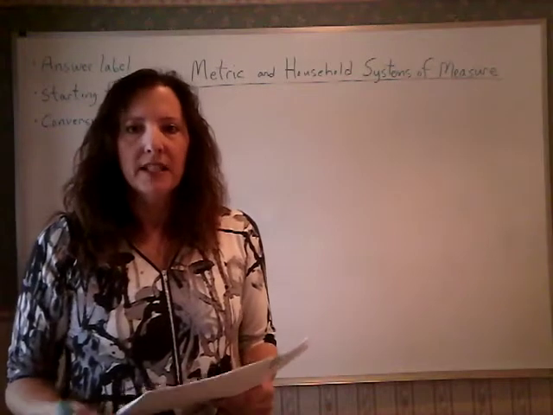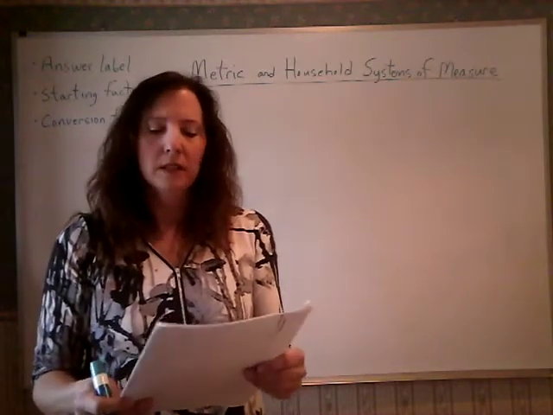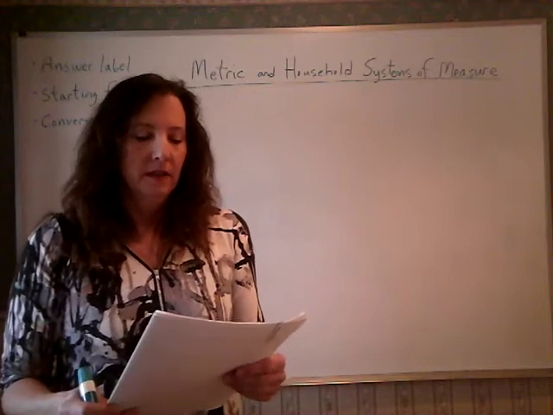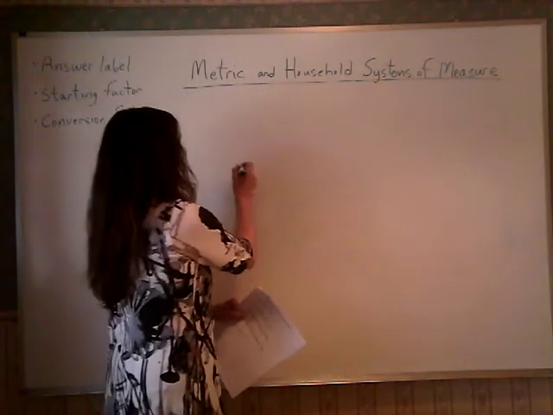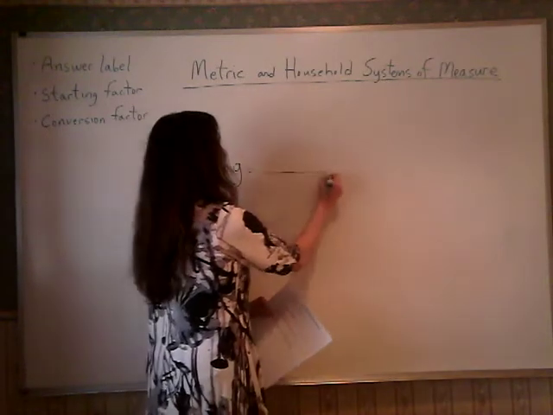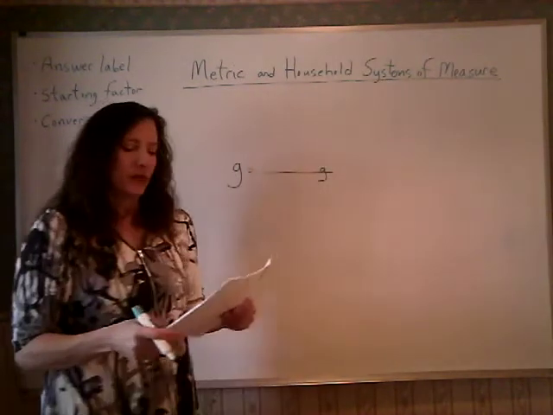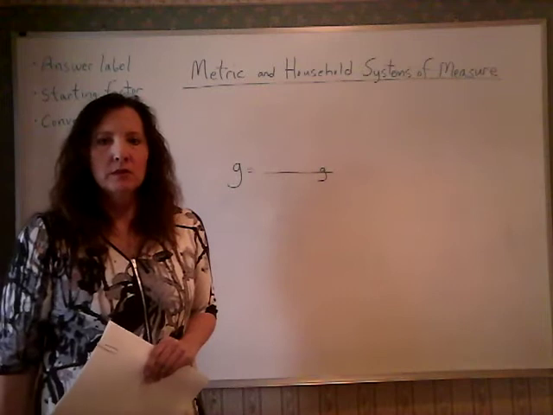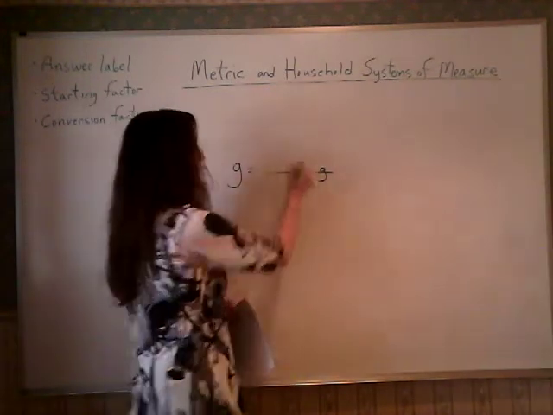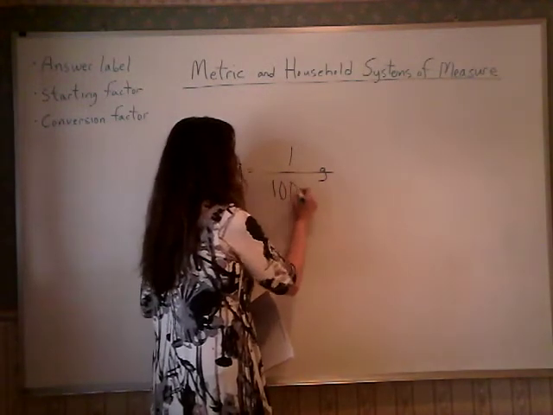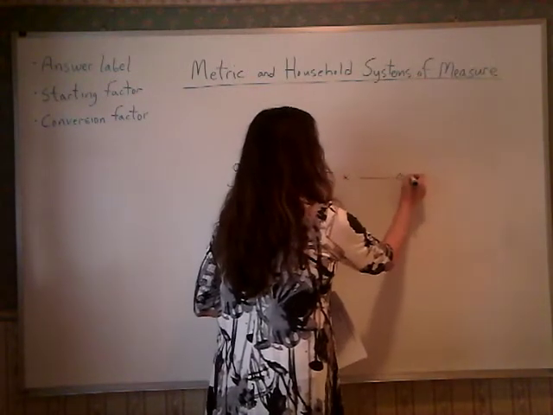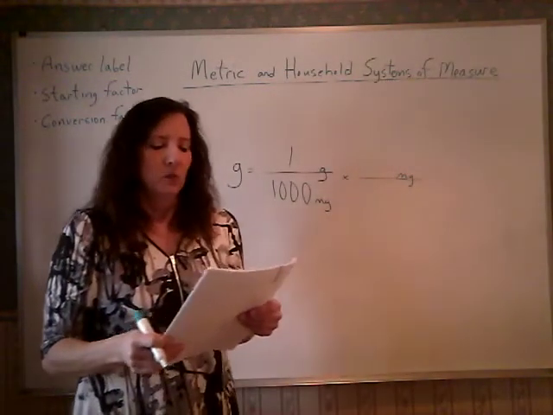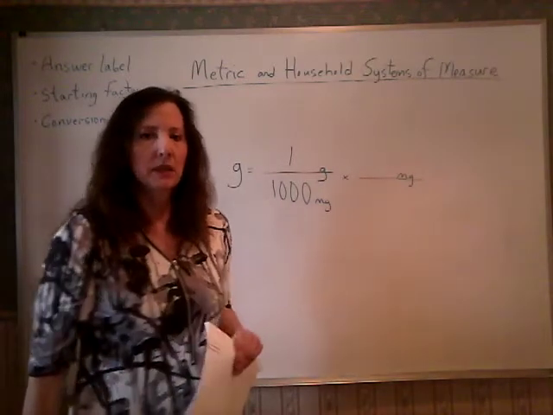Now we'll do some weights. Looking at number 5, the question is how many grams? We know that 1 gram is equivalent to 1,000 milligrams. And we're converting 33 milligrams.